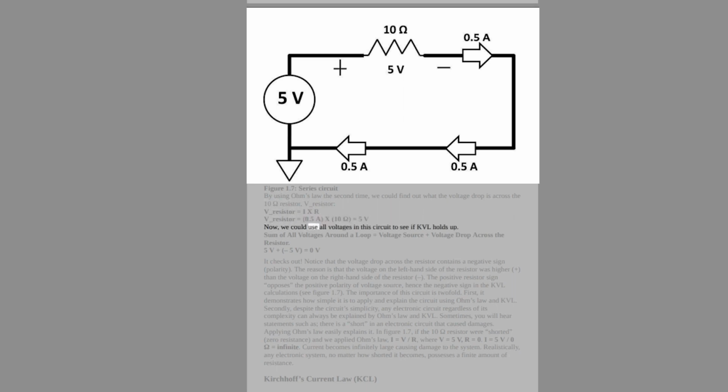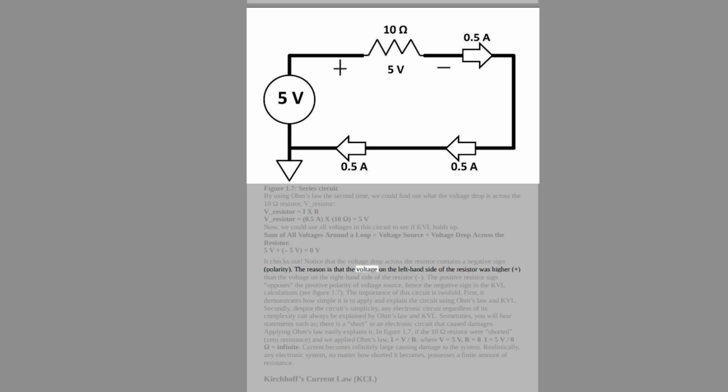Now, we could use all voltages in this circuit to see if KVL holds up. The sum of all voltages around a loop equals the voltage source plus the voltage drop across the resistor: 5V plus negative 5V equals 0V. It checks out. Notice that the voltage drop across the resistor contains a negative sign, polarity.